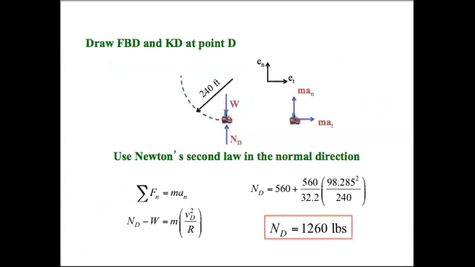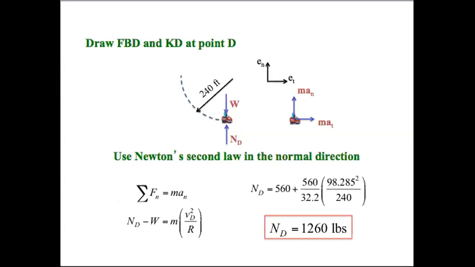We have already found the velocity at point D. Now we draw the free body diagram and kinetic diagram of the car at point D and determine the normal force exerted by the track on the car by using Newton's second law. The summation of the forces in the normal direction equals mass times acceleration in the normal direction.